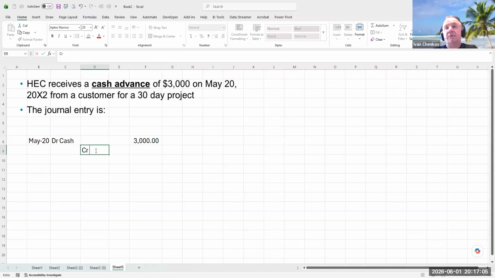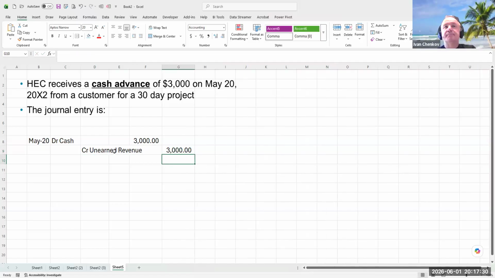It's still going to be revenue, but it's going to be unearned revenue. Make sense? I'm going to push recognition of the revenue into the future. Yes, $3,000. And we're done.